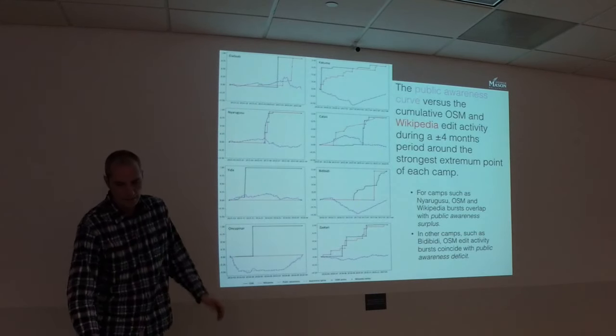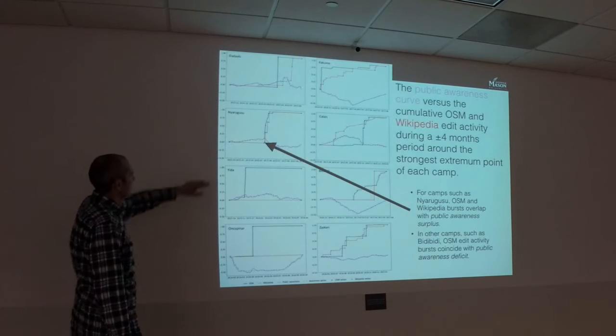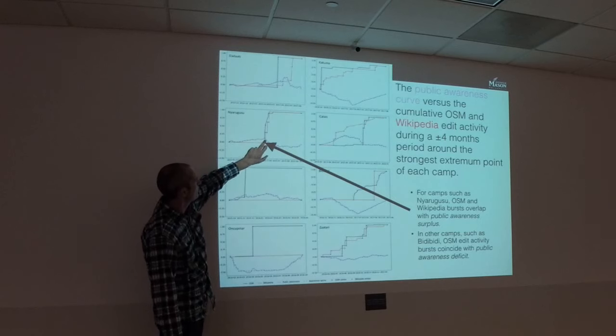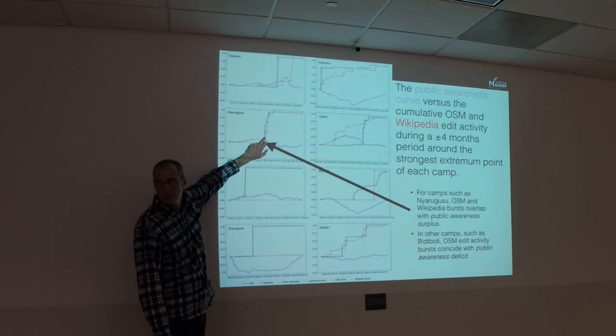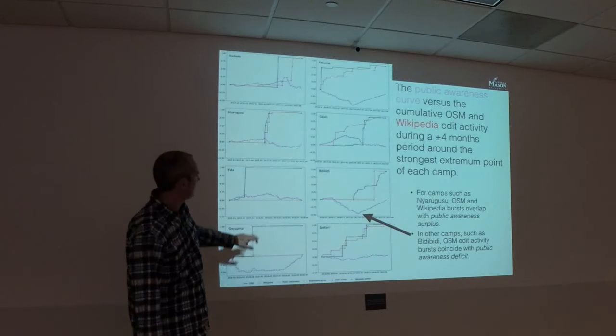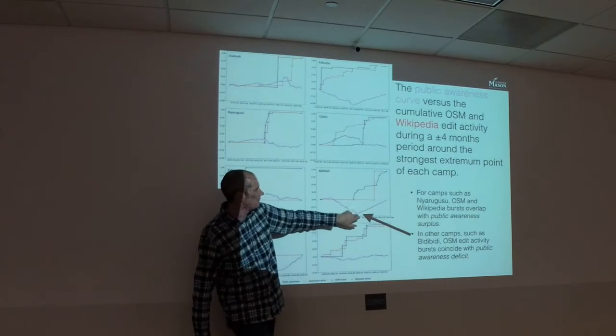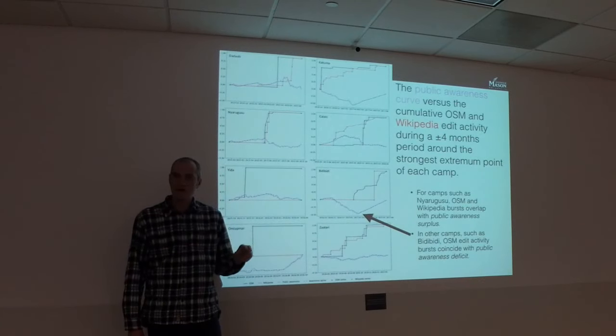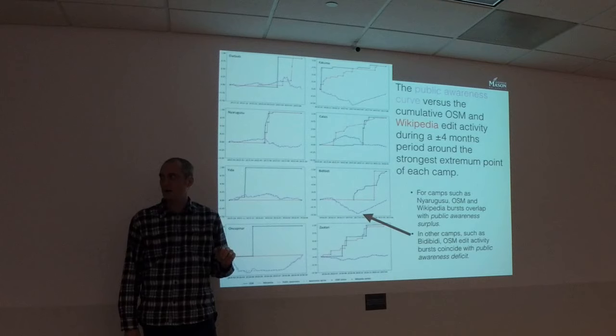like this camp next to it, you have a surplus, so it's both, and lots of editing is happening around that time, right? While in other times, you have a negative public awareness, but a lot of editing patterns are going on online. So the question is, what's causing these edits to occur?